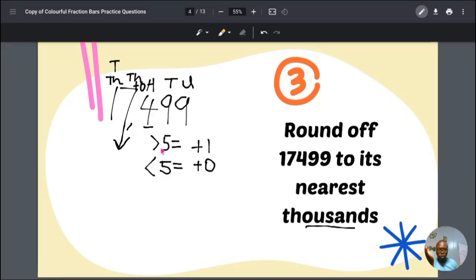So if it is greater than or equal to 5, you add 1, but it's not, it's less than 5, so we add 0. So I'm adding 0 to my 7, so it still remains 7. 0 plus 7 still remains 7, and everything after that, in the thousand part, turns to 0.